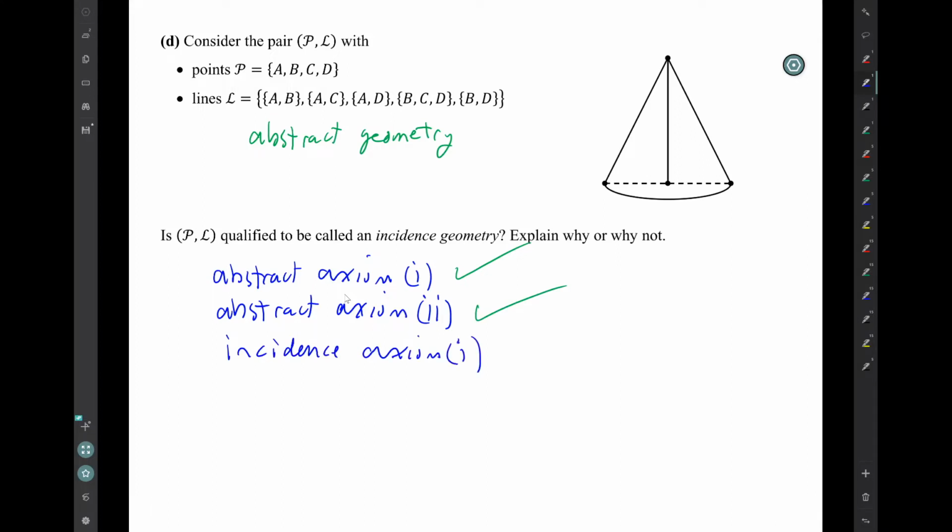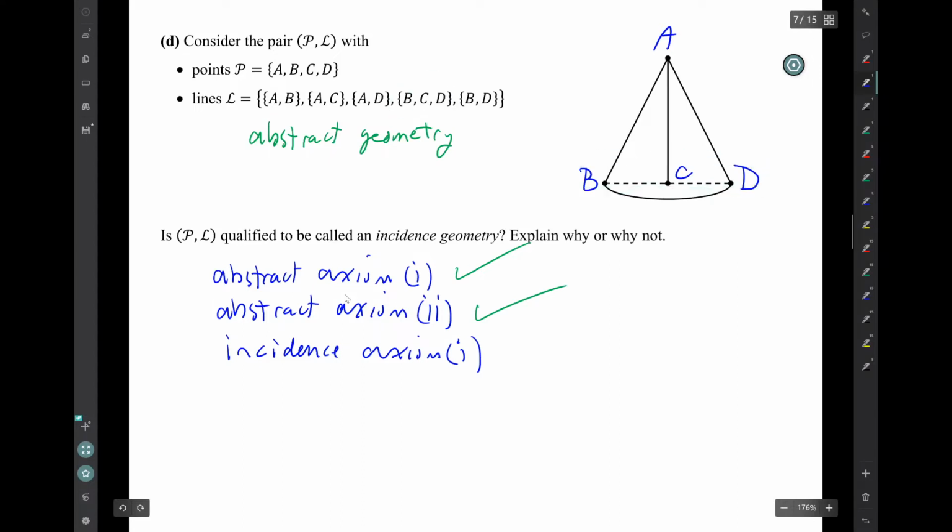Does every pair of points have exactly one line they both lie on? Well, for a lot of pairs of points, there is exactly one line. For A and B, there's exactly one line they both lie on. For A and C, exactly one. For A and D, exactly one. For B and C, there's exactly one line, that one dotted line.